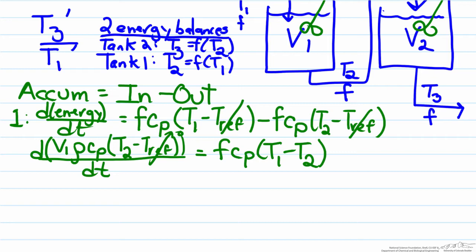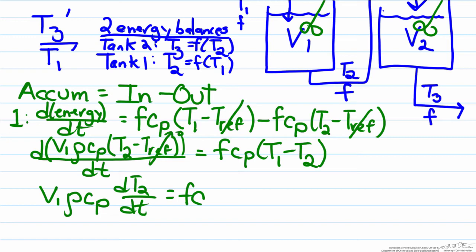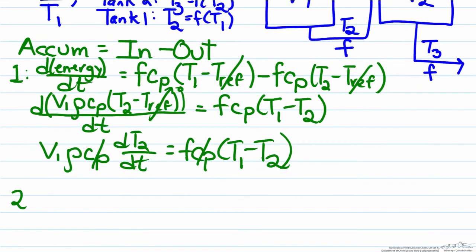So therefore, when we finish this up, our balance on tank 1 will be V1 rho Cp dT2/dt equals F Cp times T1 minus T2. And one final simplification we can take advantage of here is the fact that the heat capacities will cancel. For tank 2, we have an identical energy balance, with the only exception that the subscripts for the temperatures are different and for the volume are different.